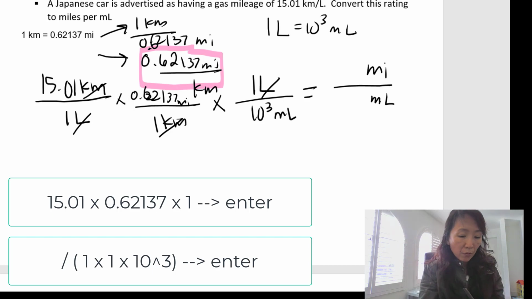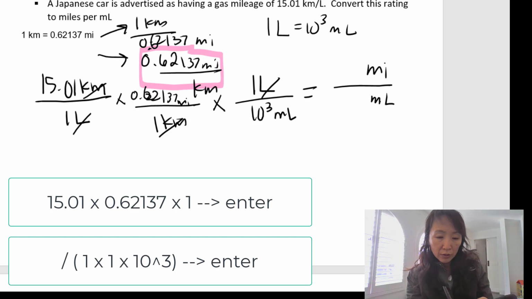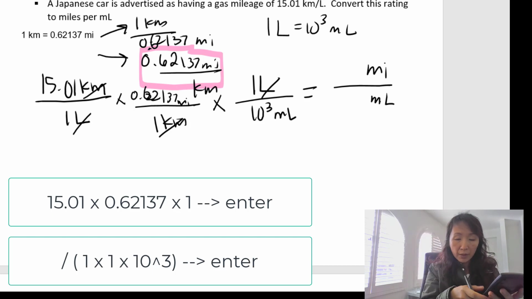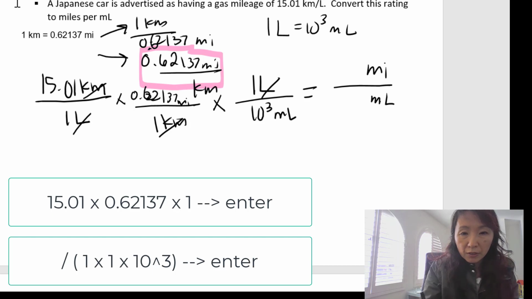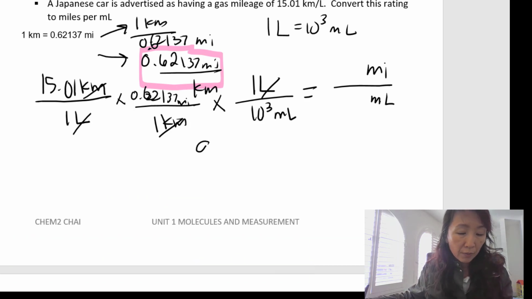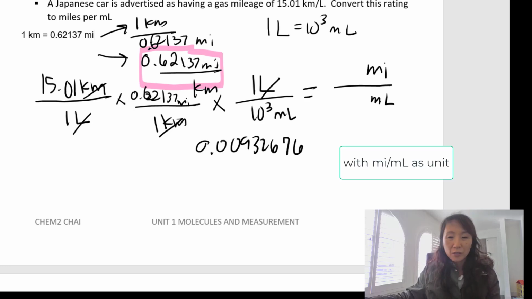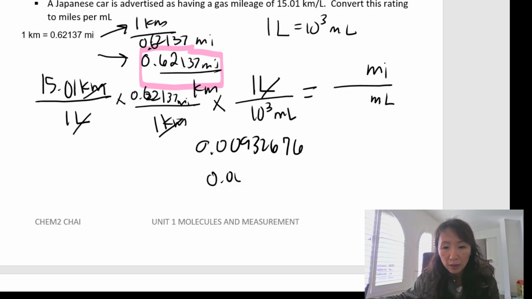Then type in 1 times 1 times 1. I'm doing all the denominators, the ones on the bottom, and then to the third power. Then it should spit out some big number, 0.00932676, and so on and so forth, right? But we want it in 4 sig figs because that's what the problem is asking for. So it's going to be 0.009327.